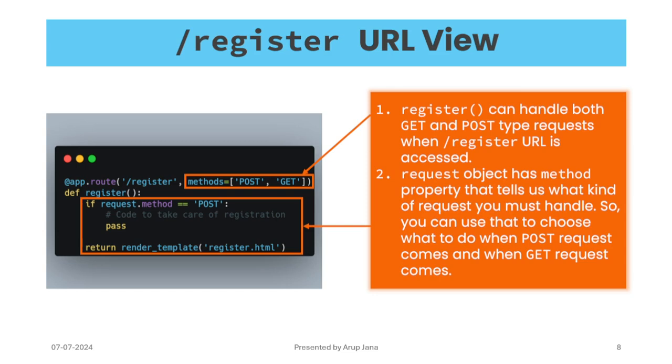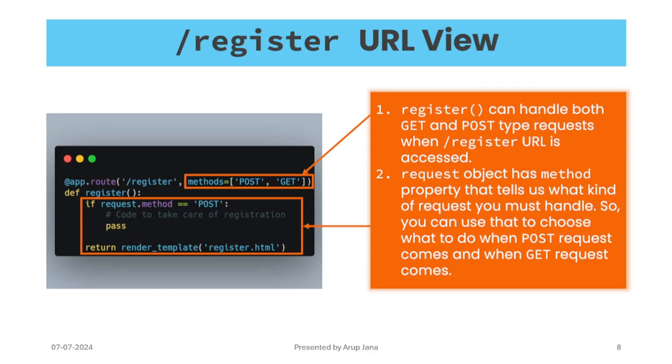And if you remember, in the HTML code, we made sure that when we send the form to the server, it will be following the POST kind of request. So that's what the request should be, and along with it, it should also handle GET request. Why? Because whenever we go back to the register page or access the register page, the GET request will be used.